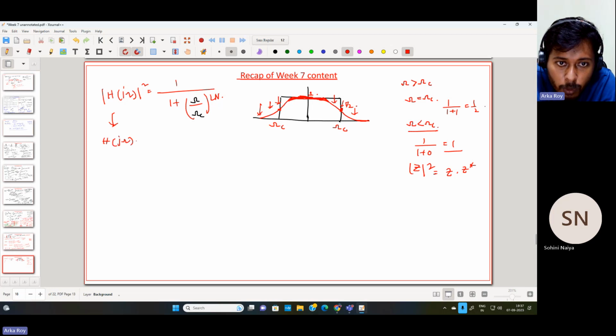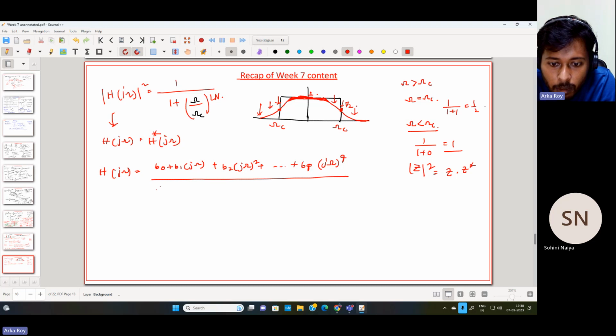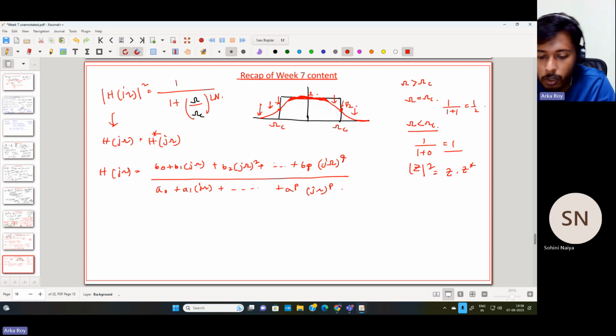Therefore H(jω) multiplied with H(jω) star, and H(jω), if it is b0 + b1 jω + b2 (jω)^2 up to bq (jω)^q, divided by a0 + a1 jω up to ap (jω)^p. I have just substituted s by jω.